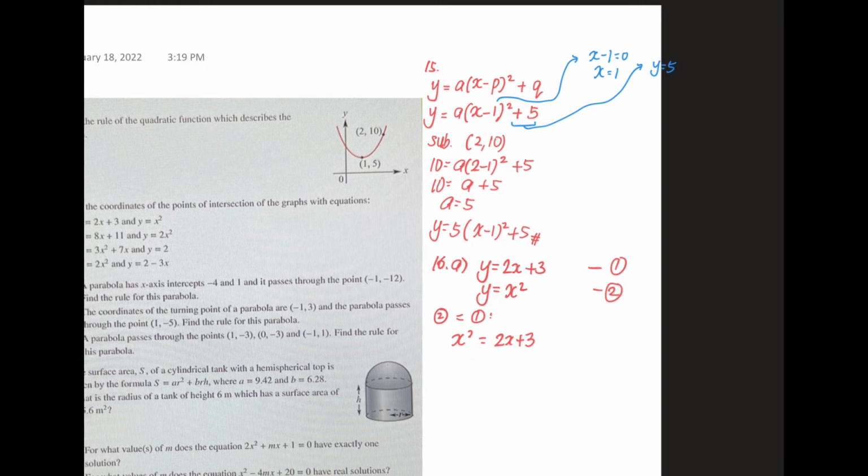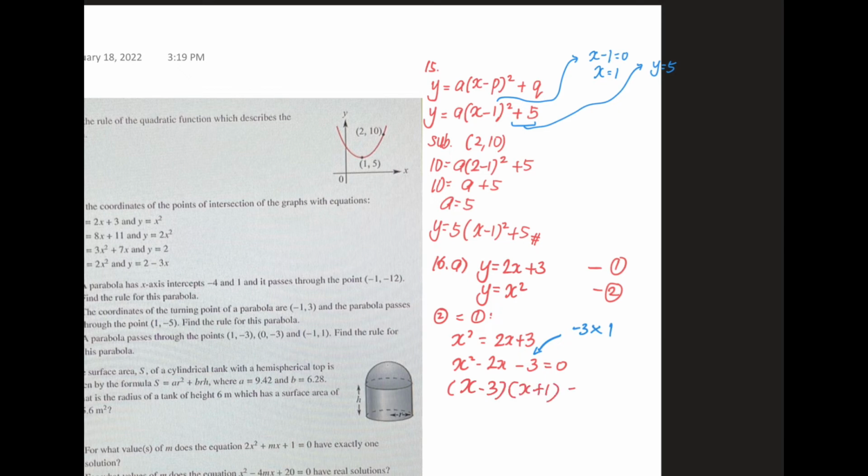Then I get this, and now I need to change it to a general quadratics form, like this. And then I factorize. I'm going to think of two numbers that multiply to get minus 3, and two numbers that add up to get minus 2. I choose minus 3 and 1, because when I add them up, I get minus 2. So we factorize it in that way.